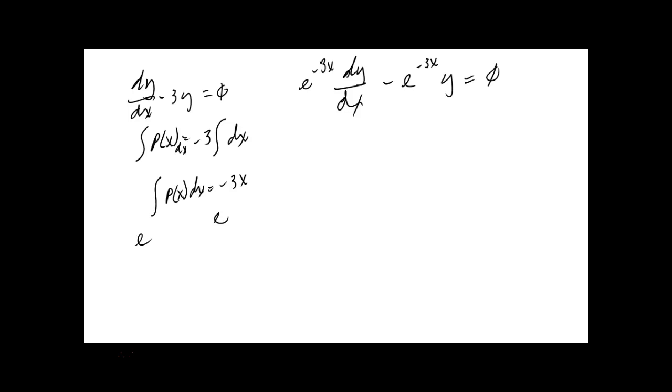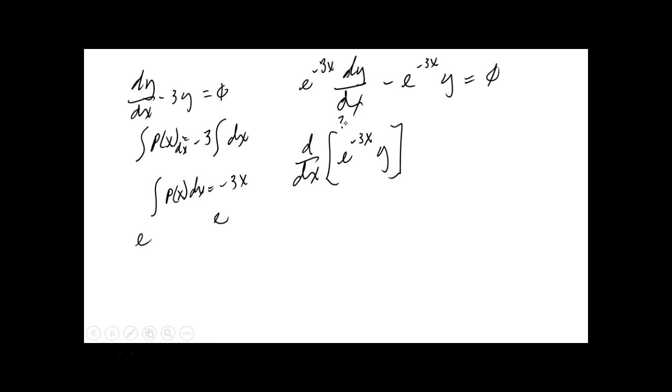Basically you're using the product rule. Is this the perfect derivative of e to the minus 3x times y? That's the question. Let's do the product rule on it and see.